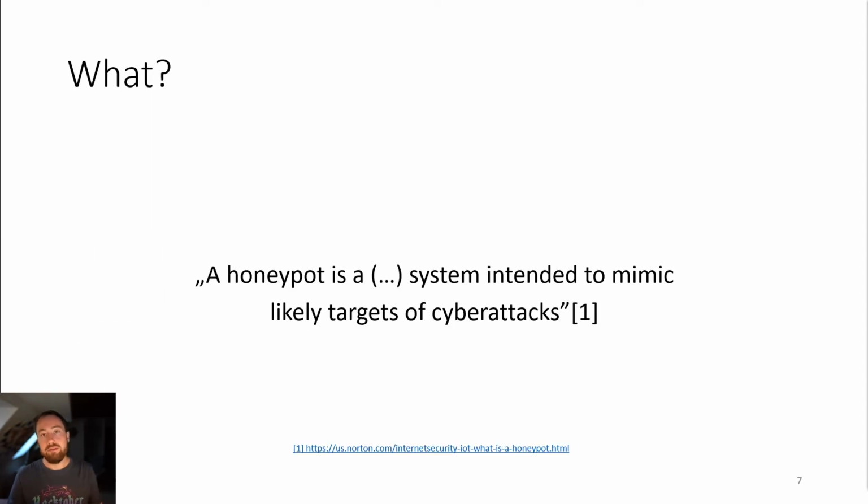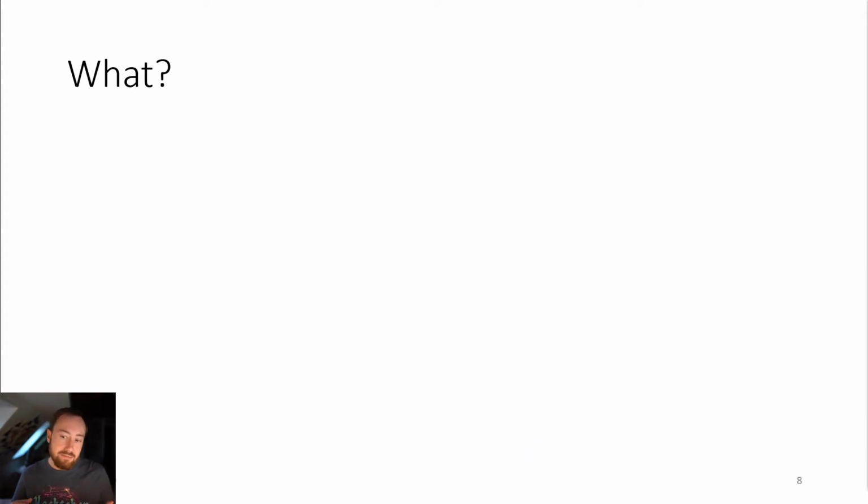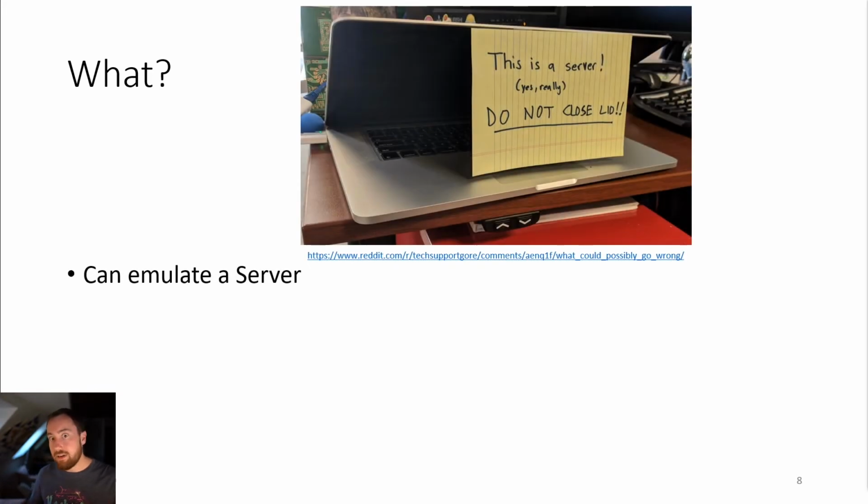So maybe we should start with the intro of what a honeypot is. A honeypot basically is a system intended to mimic likely targets of a cyber attack. What does that mean? Honeypots basically look like vulnerable systems, and they can either emulate a server, so something like SSH, MongoDB, an IoT device, or even a mail server.